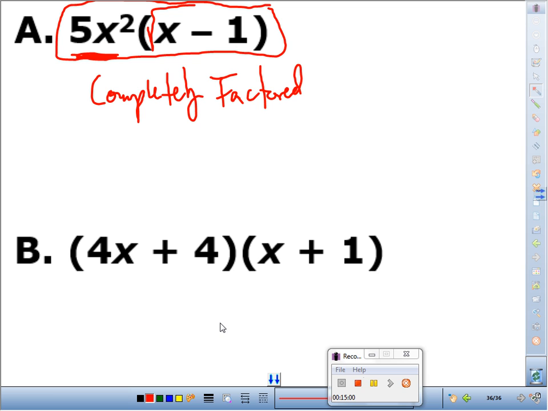Let's go with 1B. We're going to start with this. According to them, this is already completely factored. But let's look at this one first. Is there a GCF for the first parentheses? Yes, it's 4. So 4x divided by 4 is 1x, plus 4 divided by 4 is 1. Can I do anything else with this?